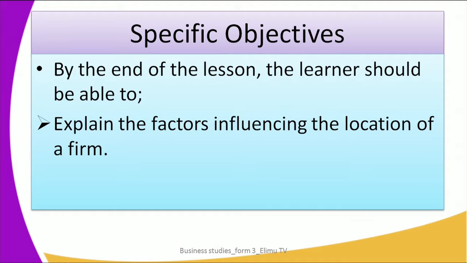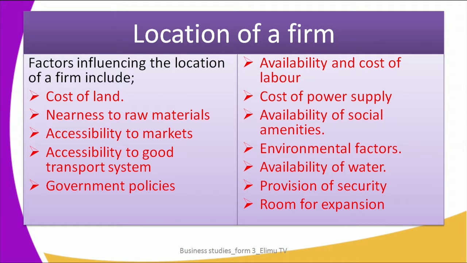When we talk of location of a farm, we mean where the farm is going to be built or situated. We are going to start by highlighting them. Then we look at each and every factor in detail and find out more on how such a factor can influence the location of a farm.